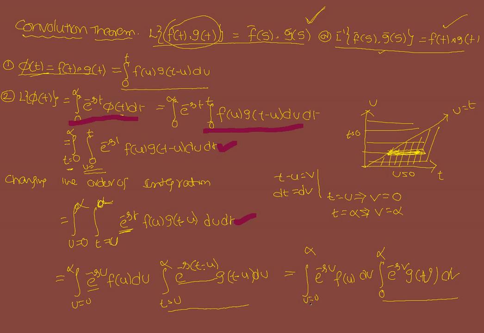That is nothing but equal to integral 0 to infinity e power minus su into f of u du into integral 0 to infinity e power minus sv into g of v dv. So here t minus u is equal to v, I have supposed, and dt is equal to dv. The limits: t is equal to 0 implies v is equal to 0, t is equal to infinity implies v is equal to infinity. So if you do like that, you will get like this.